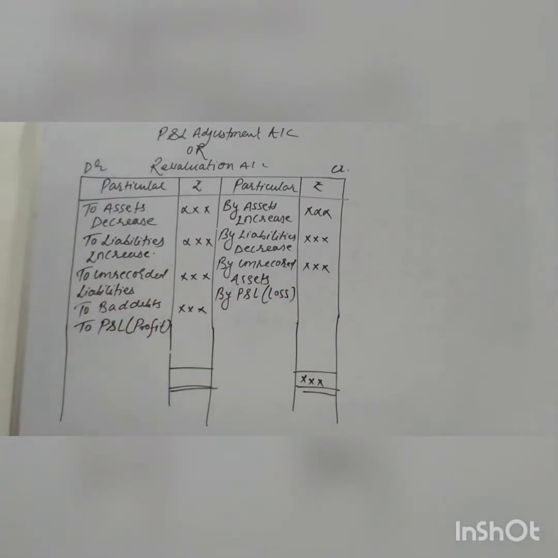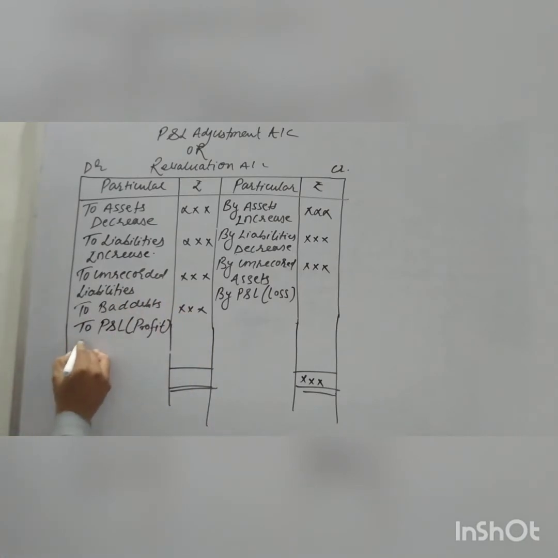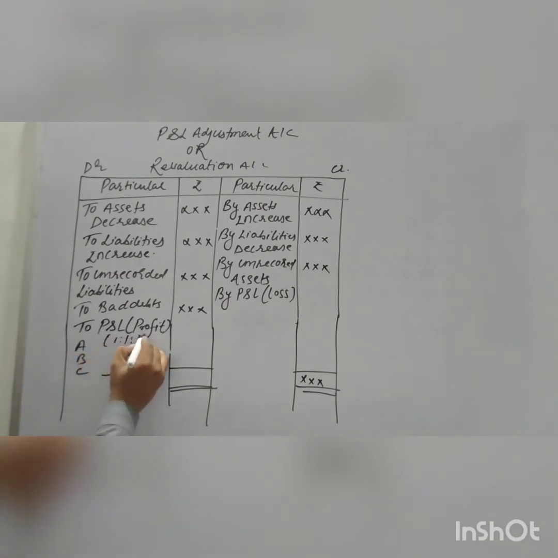This profit will be distributed among the partners in the profit sharing ratio. Suppose A, B and C are partners in equal ratio, 1:1:1.